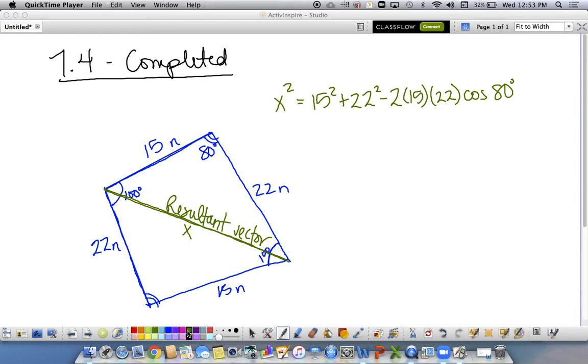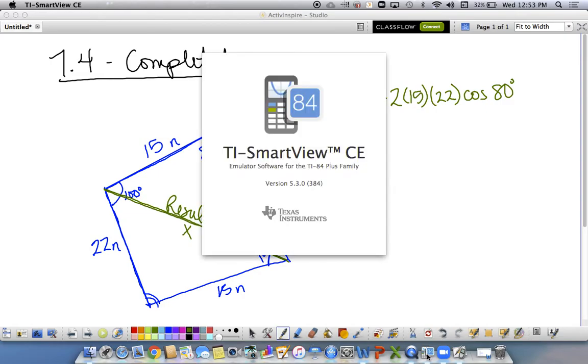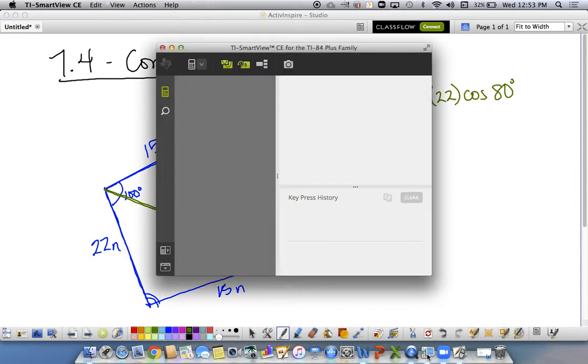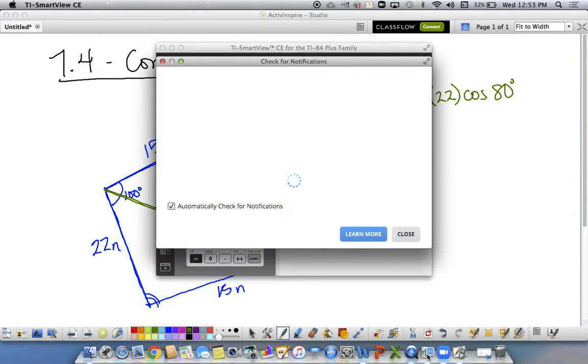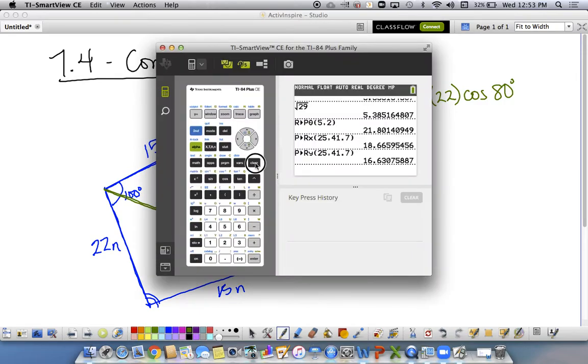Okay? Let's keep going. 15 squared plus 22 squared minus 2 times 15 times 22. Pulling up my calculator here, and we will have that answer. They put it all there for us, but I like to just plug it in. Let's clear all that.